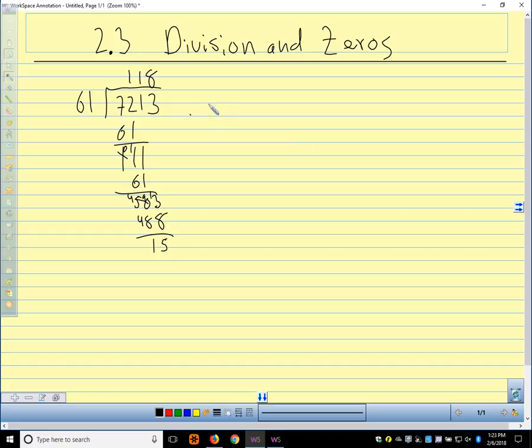So what this tells us is that 7213 divided by 61 is 118 plus 15 61sts. We take the remainder over the divisor.